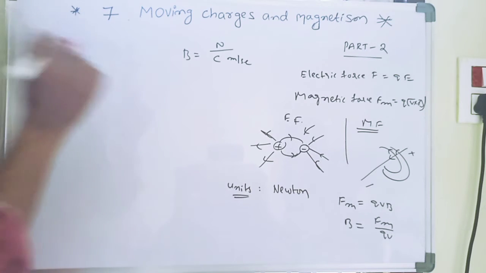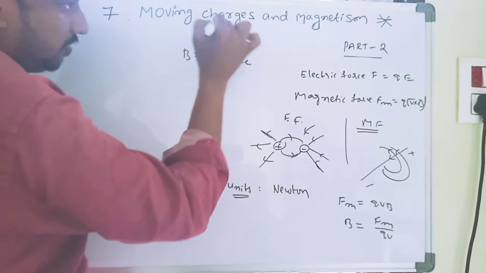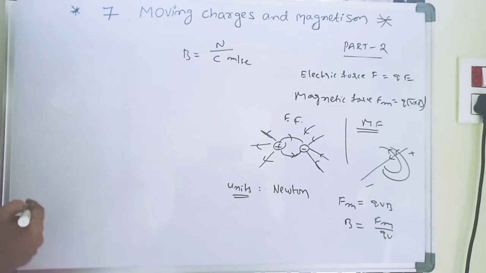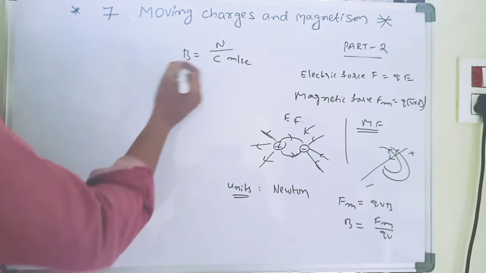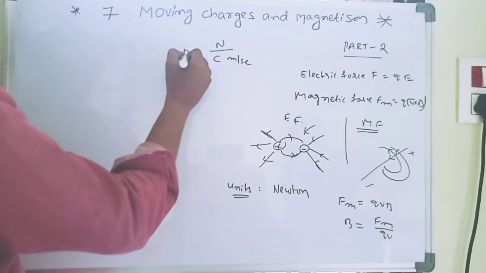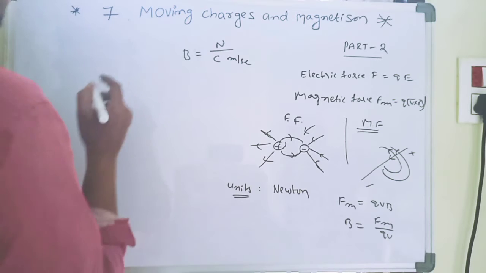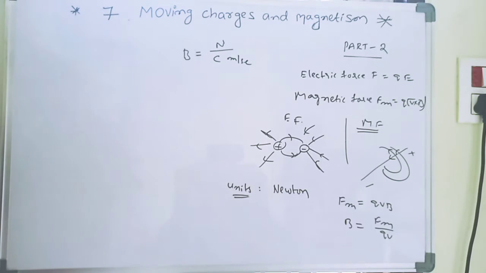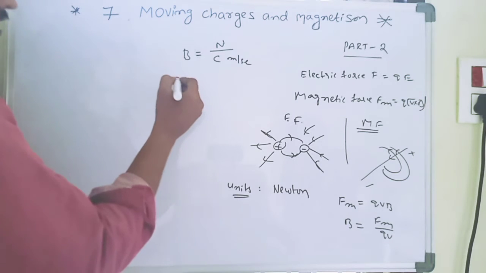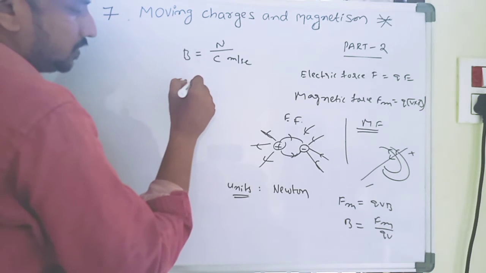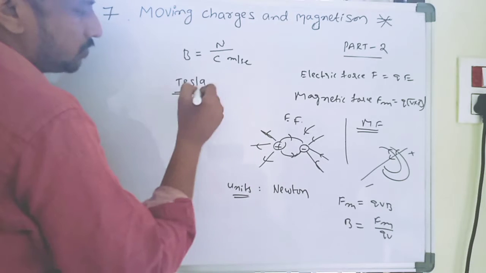This unit is heavy, so another unit is used, which is a very simple unit. Who tells about the magnetic field? Tesla tells about the magnetic field.